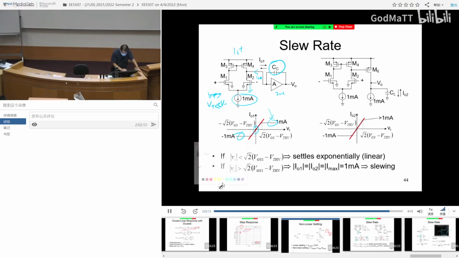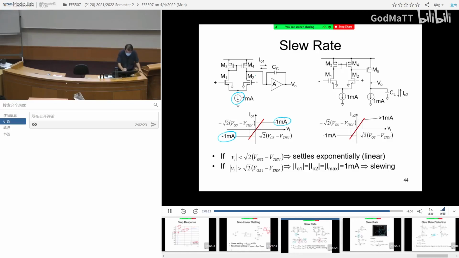Now this is easy to understand, because it's limited by this current source. You can see the current here is constant, either 1 milliampere or minus 1 milliampere. Either the current flows from here, or in other cases, let's say the current all goes from here, you get a mirror, and there is no current here, so the current goes in this manner. So it's either 1 milliampere or negative 1 milliampere.